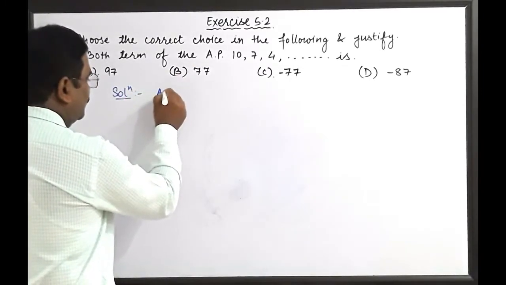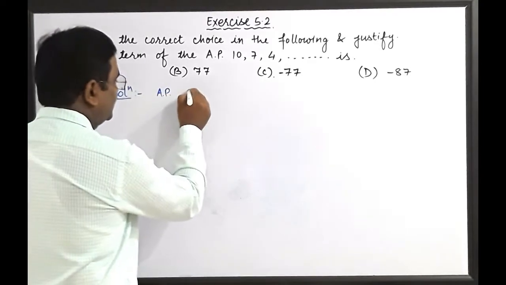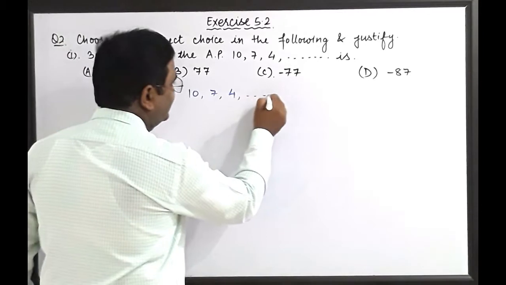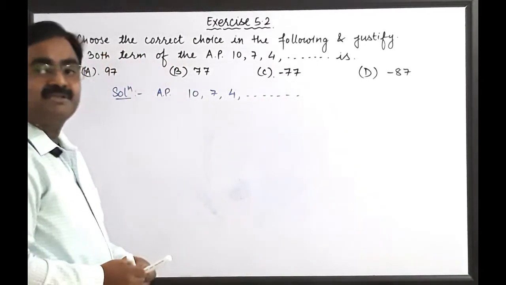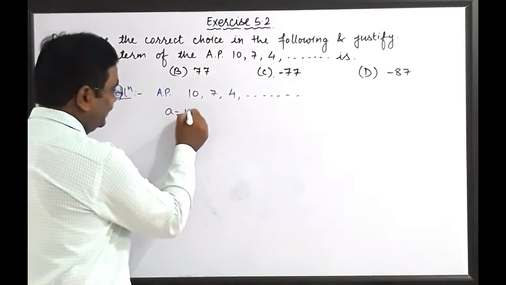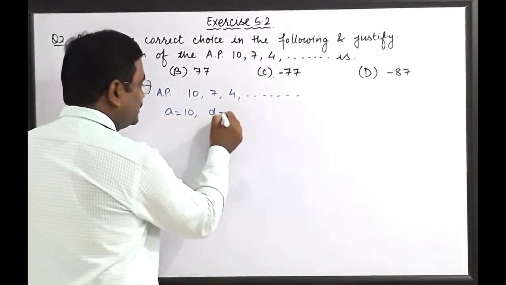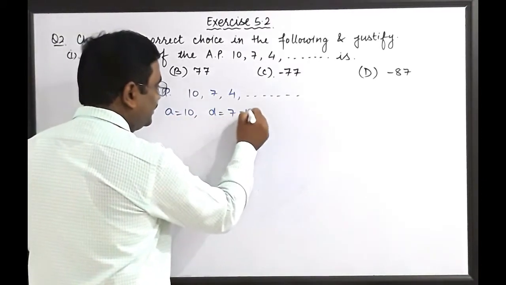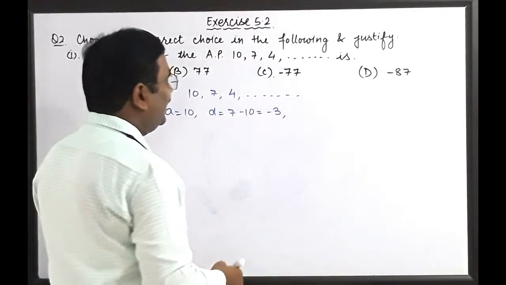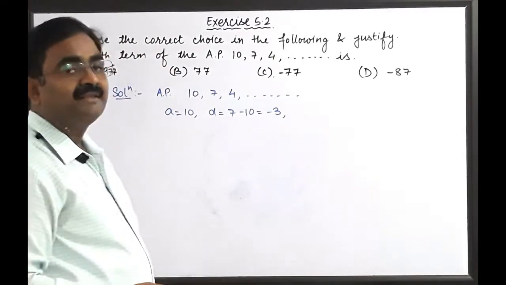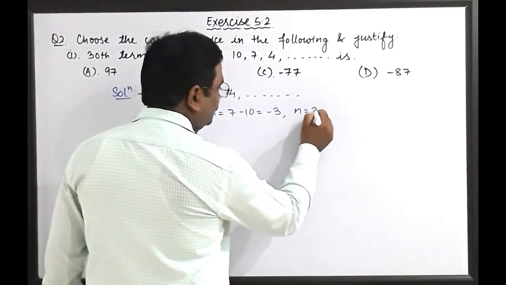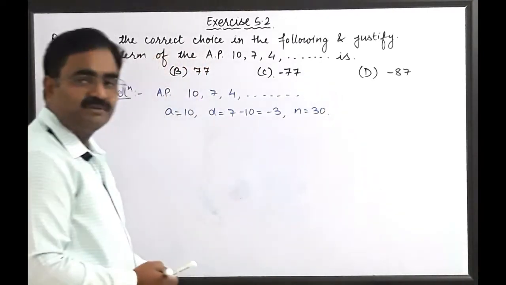Your arithmetic progression is 10, 7, 4, etc. From this it is clear that the first term a is 10, common difference d is equal to 7 minus 10, which is minus 3, and it is asking for the 30th term, it means n is equal to 30, we are going to find out.